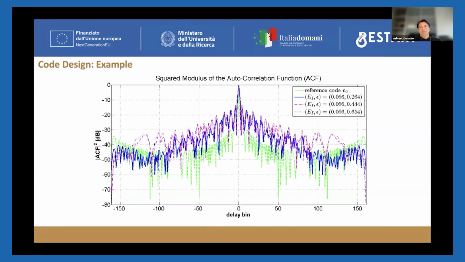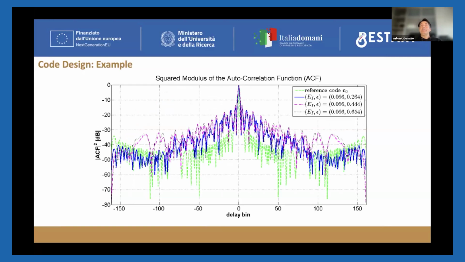Of course, to gain spectral coexistence, we have to pay something. There's a trade-off to consider. In this plot, we can see the performance analysis in terms of autocorrelation properties of the designed waveform.